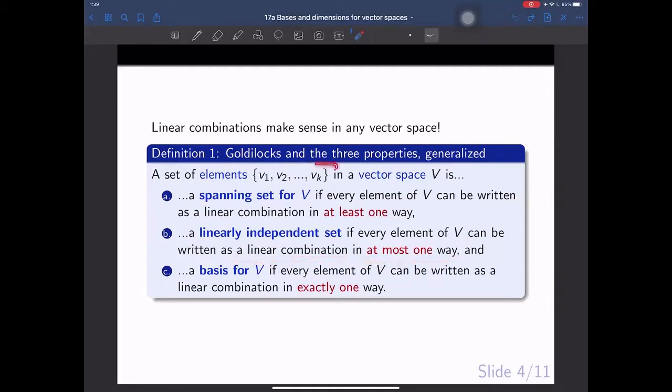And my set is a basis if it is both a spanning set for V and linearly independent. So my set of elements is a basis for V if every element of V can be written as a linear combination in exactly one way.